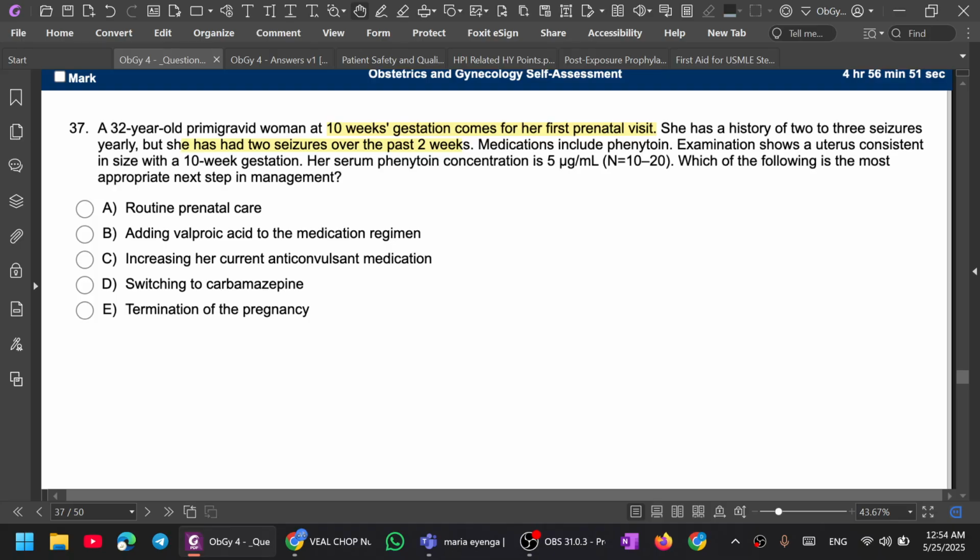Medication includes phenytoin. Examination shows a uterus consistent with the size of 10 weeks of gestation. Her serum phenytoin is 5. Which of the following is the most appropriate next step in the management?